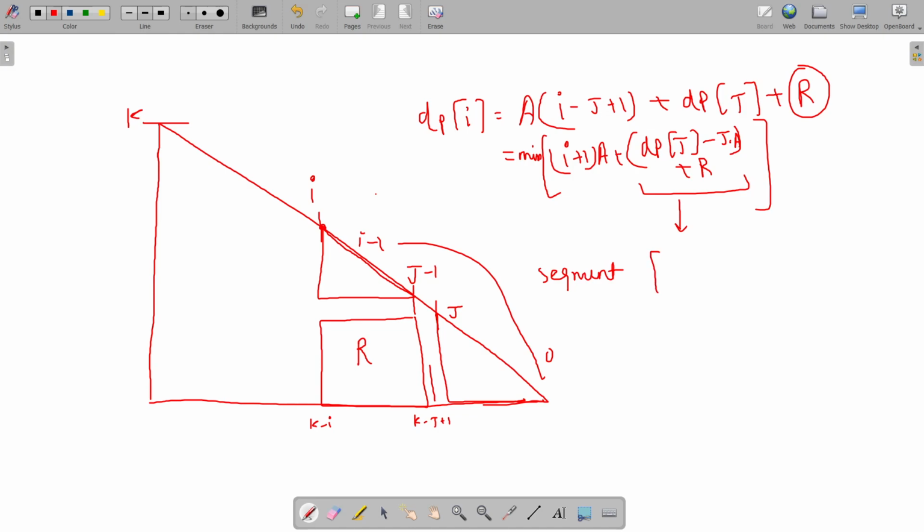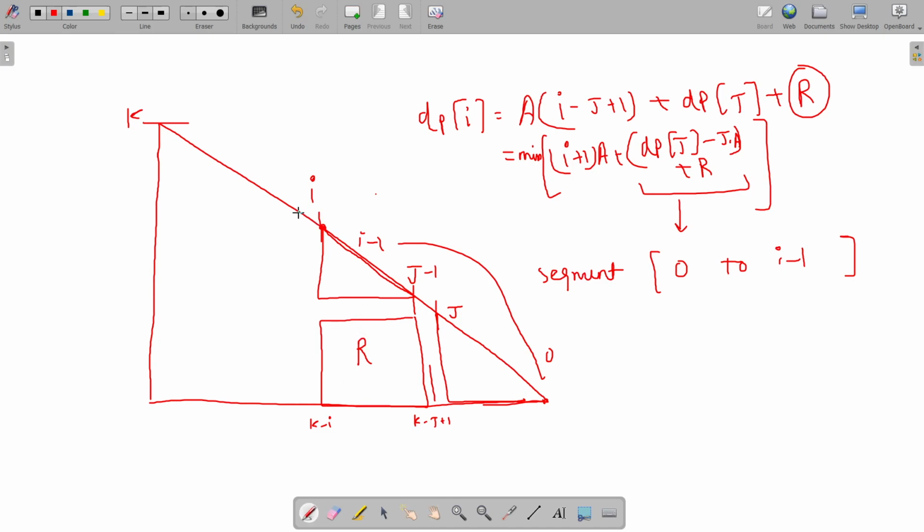In that case we can simply query the segment tree on the range 0 to I minus 1, because this is height 0 and this is height I minus 1. So from 0 to I minus 1 we can just query the segment tree, assuming that it stores this value.